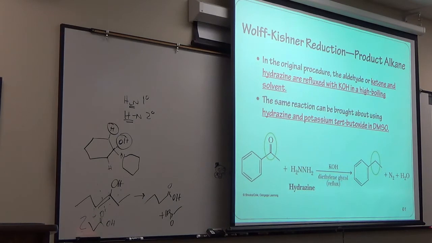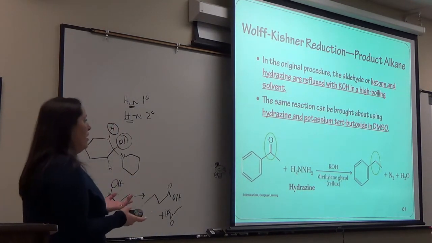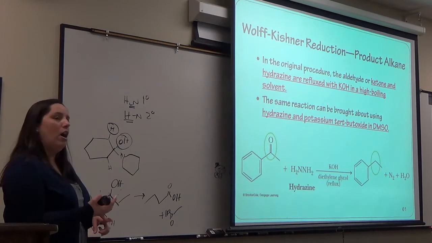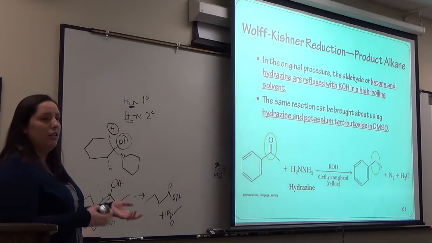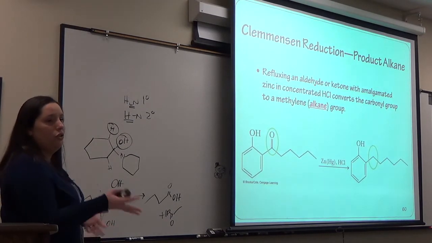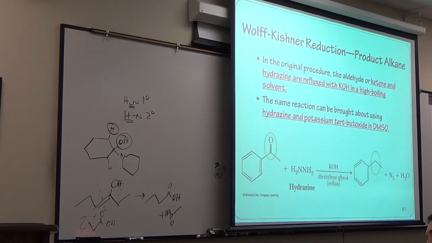You don't want to be too exposed to anything, and there's also cost. If you have conditions like refluxing and things like that, you don't need to do that here. So there are different considerations for why to use one over the other, but both will give you the alkane, so you can choose.